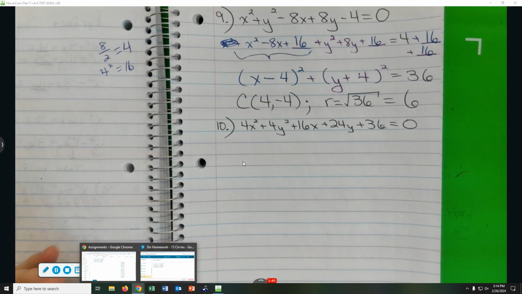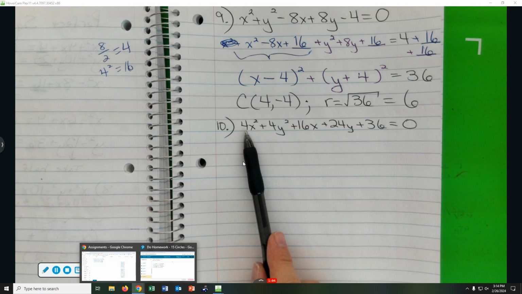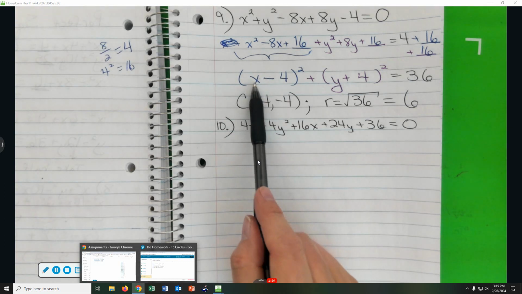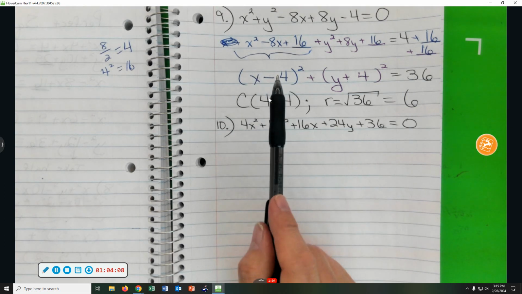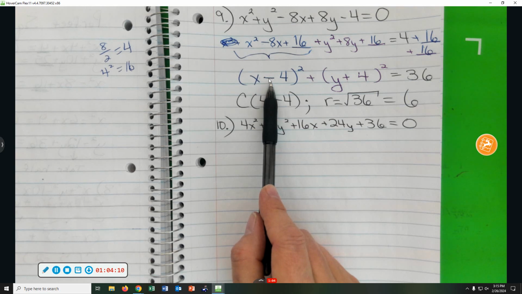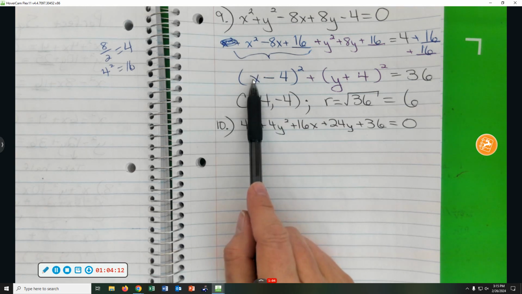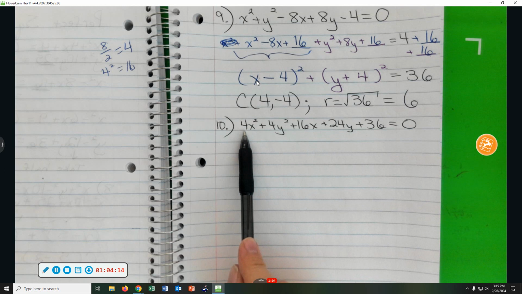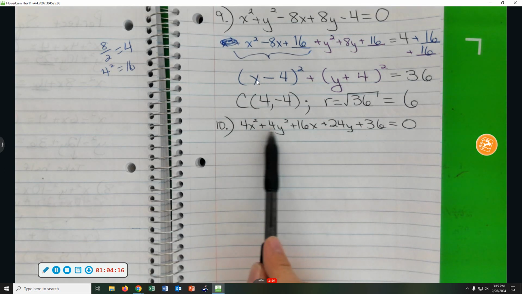There's a fundamental difference between number 9 and 10. What is it? They have coefficients here. If you think about it, with center radius form, if you square x minus 4 times x minus 4, you're going to get an x squared. You're not going to get a 4x squared. You shouldn't have numbers in front of those square terms.